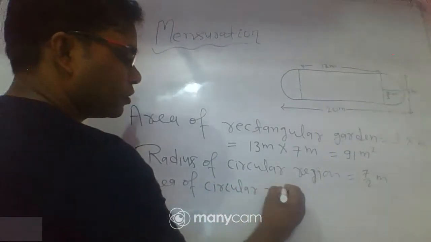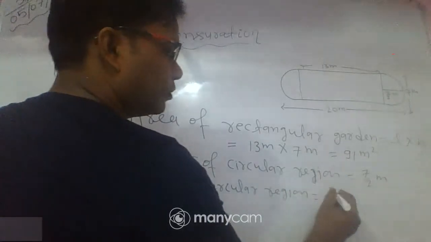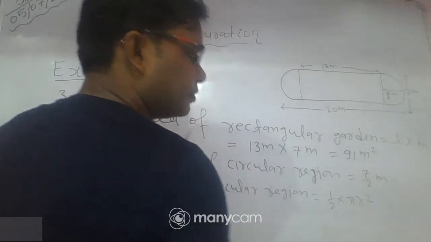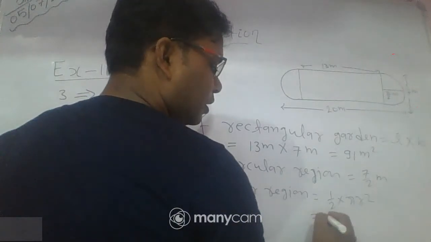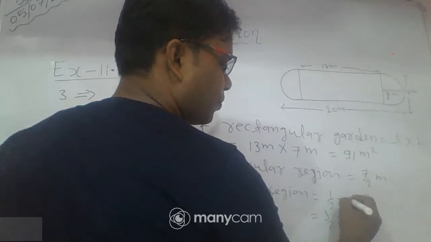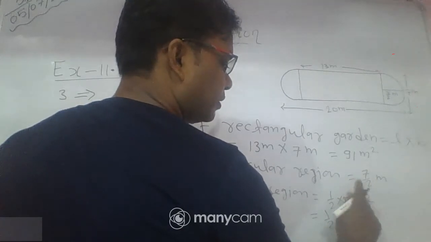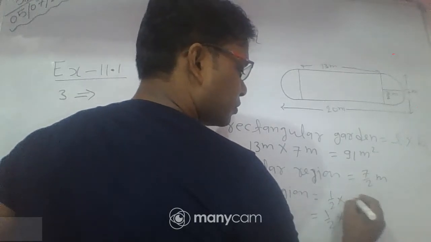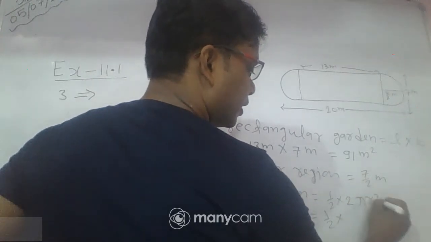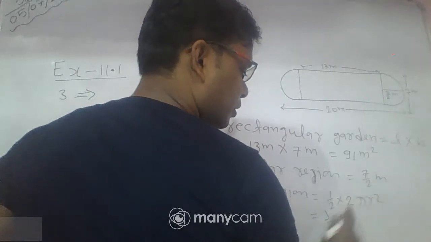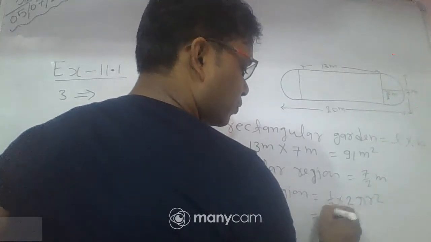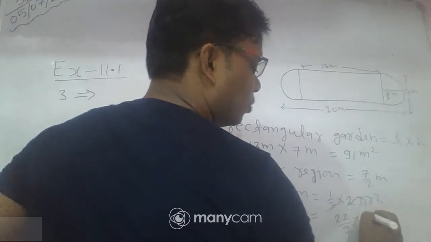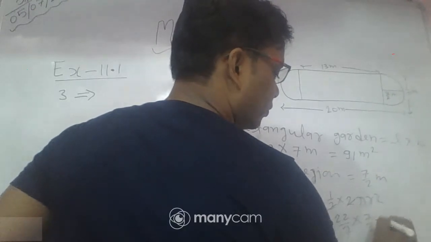So the area of the circular region is equal to 2 into 1/2 pi r square. Here you can see the 2s cancel.